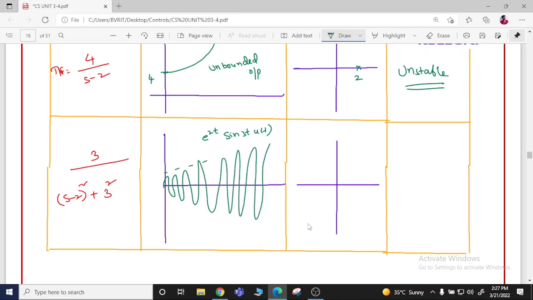Let us take this as an exponentially increasing sine wave and the roots are lying at 2 plus or minus 3j. So the poles are lying on the right side of the S plane, so therefore the system is unstable. So this is how we can express the stability of systems for various types of systems as examples.